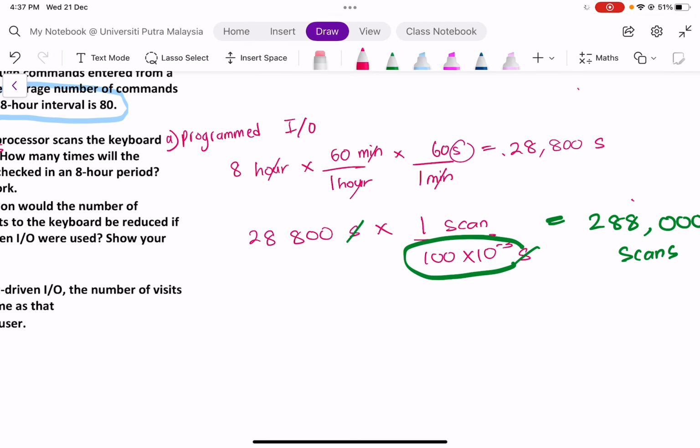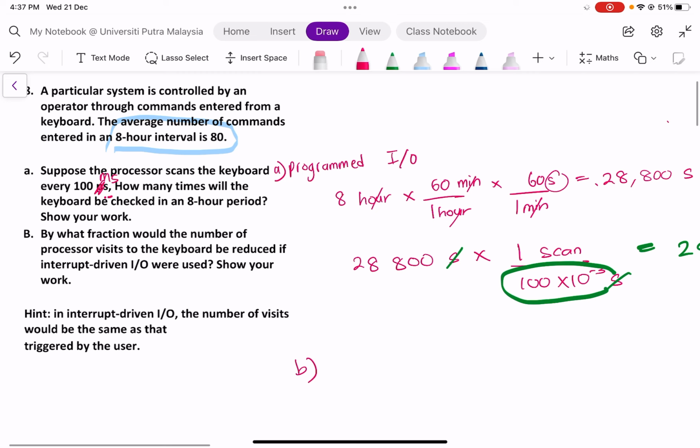Now let's do part B. It's telling us, by what fraction would the number of processor visits to the keyboard be reduced if interrupt-driven I/O were used? You need to show your work. We already have a hint in the question, whereby we know that the user-initiated commands using the keyboard number 80 within the 8-hour interval.